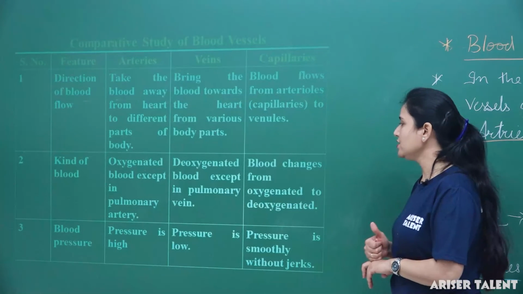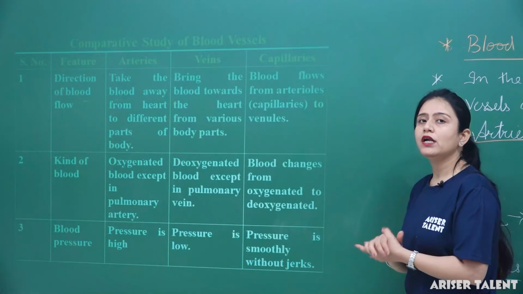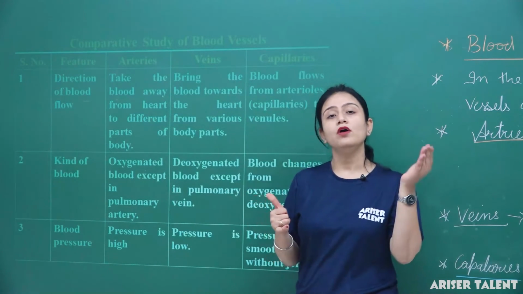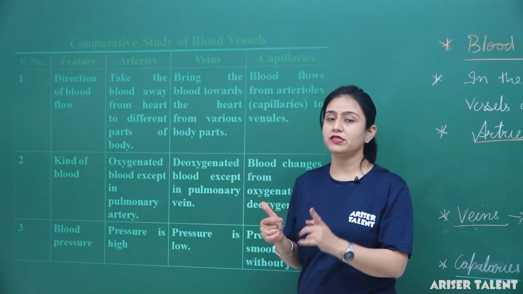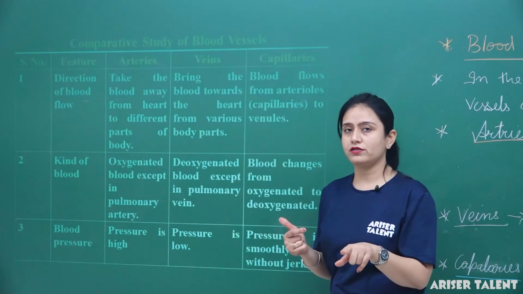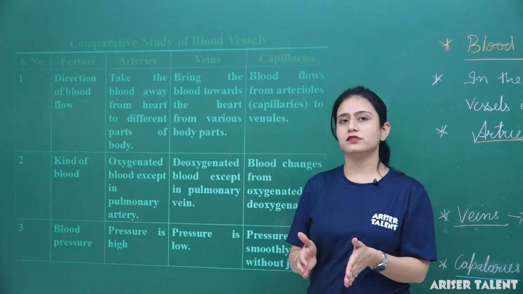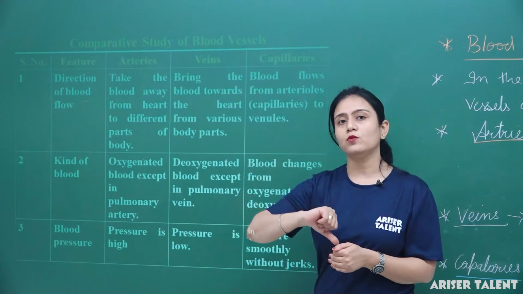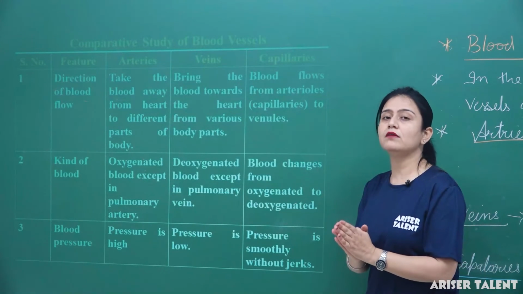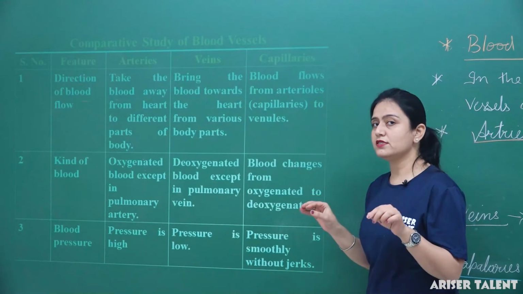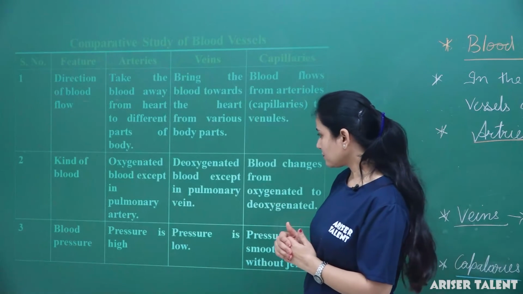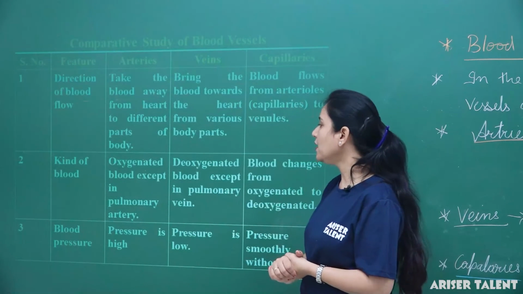Capillaries, blood changes from oxygenated to deoxygenated, means when the blood enters into the capillary, it is oxygenated, but it gets converted to deoxygenated here in the capillaries, means it lost the oxygen completely.